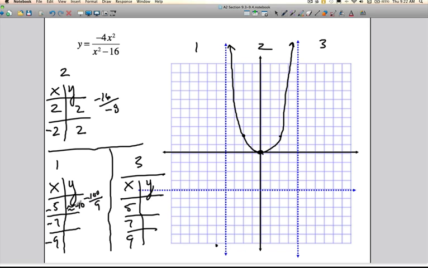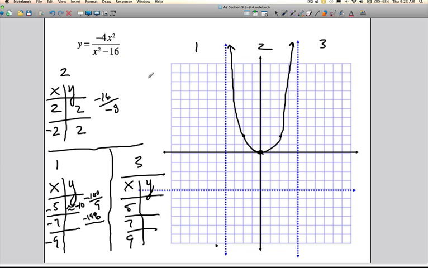When I plug in negative 7 squared is 49 times negative 4 is about 200. It's 198, right? But it's 196.